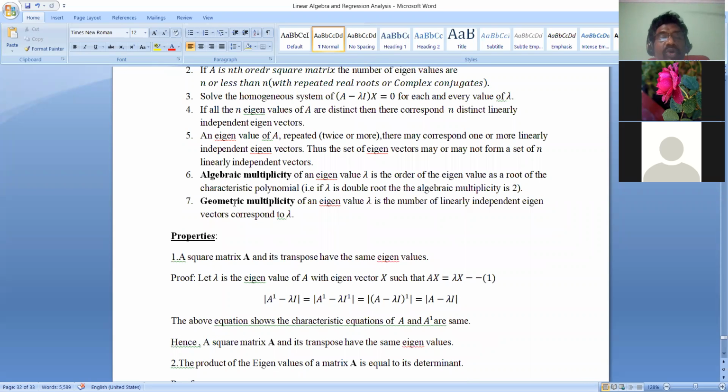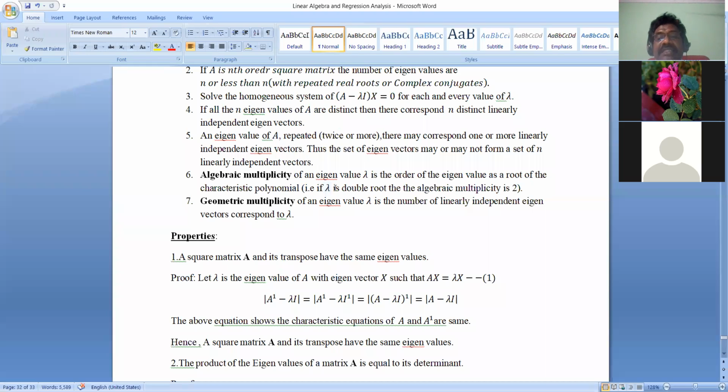Then one of the important concepts in eigenvalues and eigenvectors is algebraic multiplicity and geometric multiplicity. Algebraic multiplicity of an eigenvalue lambda is the order of the eigenvalue as a root of the given characteristic polynomial, determinant of A minus lambda I equal to 0.